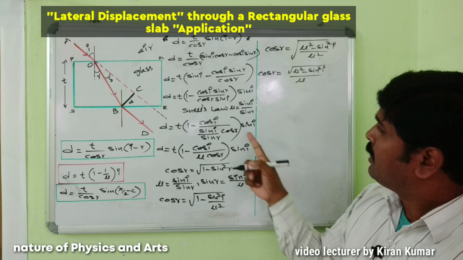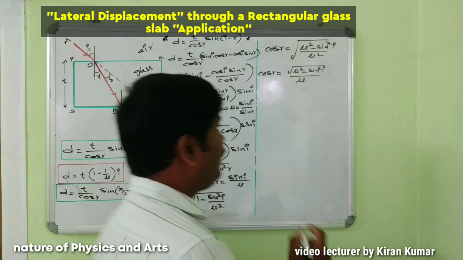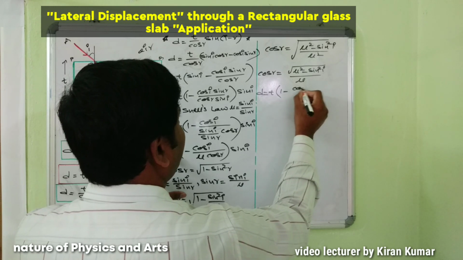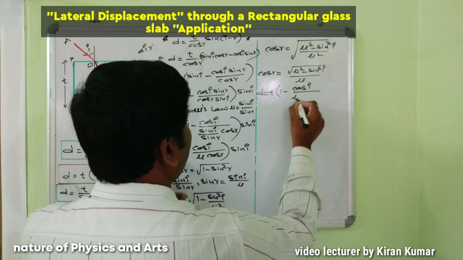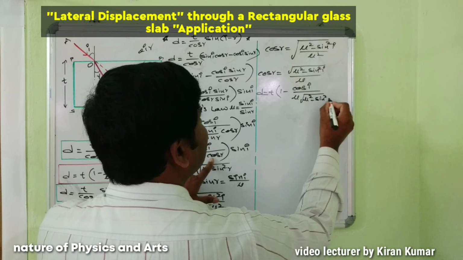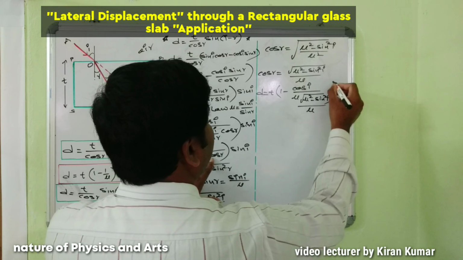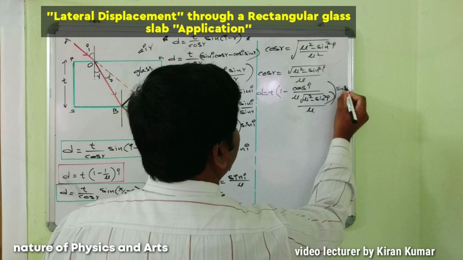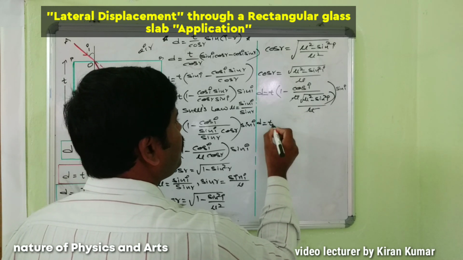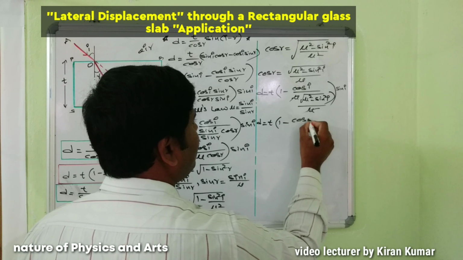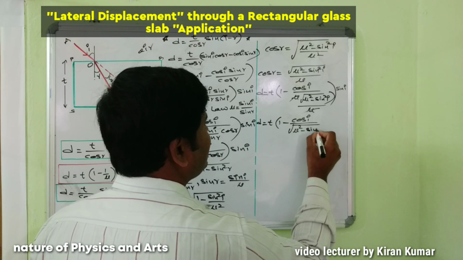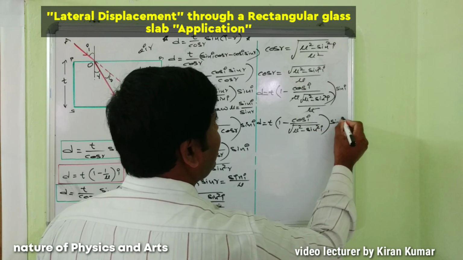We got the cos r value, which is replaced in this equation: d is equal to t into 1 minus cos i divided by mu into cos r value, which is root over mu square minus sin square i, whole divided by mu, into sin i. Try to understand, mu gets cancelled, then the resultant equation is d equal to t into 1 minus cos i divided by root over mu square minus sin square i into sin i.